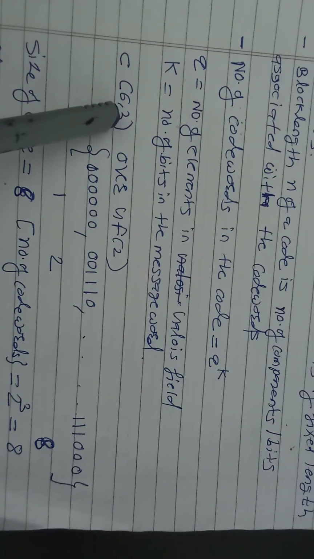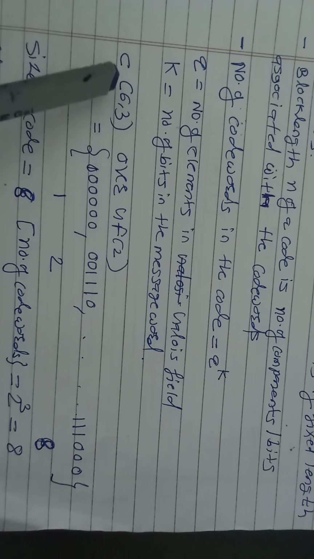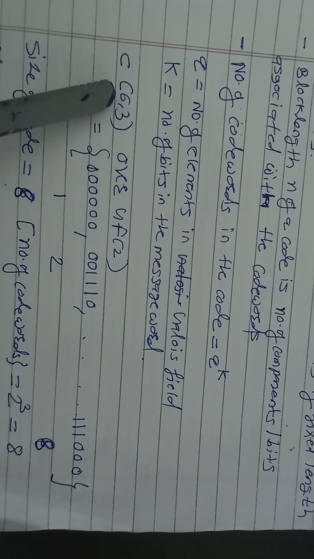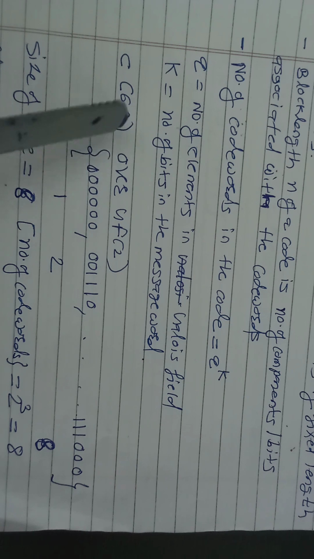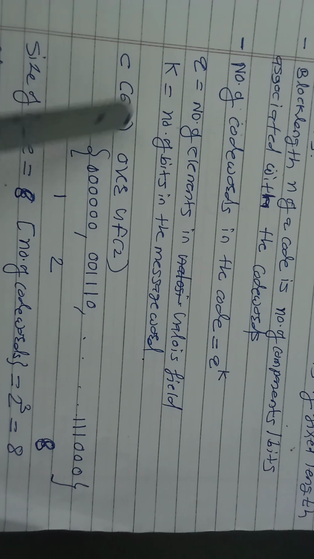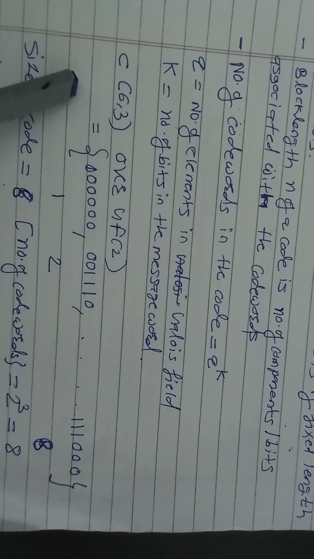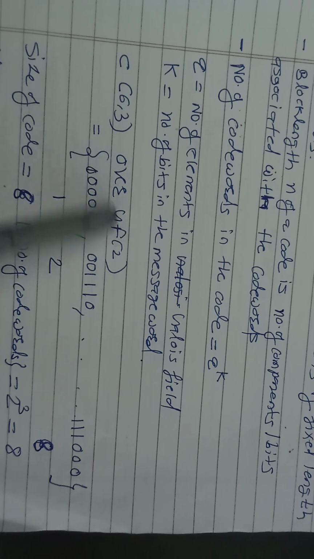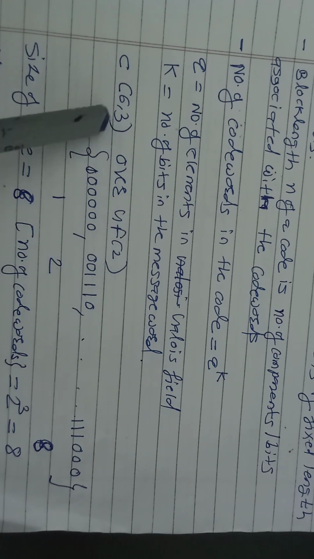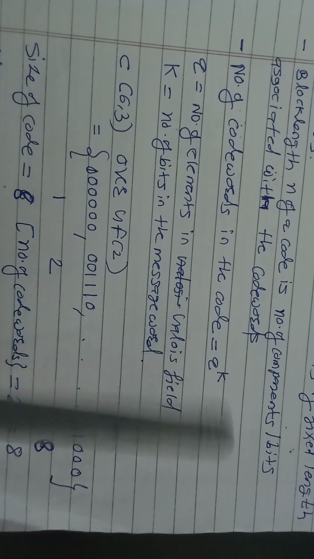You give the input, that is k bits, to the code. It gives you the output c, which is of higher bit length than the message length, because parity is added. Why is parity added? To detect the errors that can happen during transmission. So for that you are adding extra bits. Likewise, a code is formed.